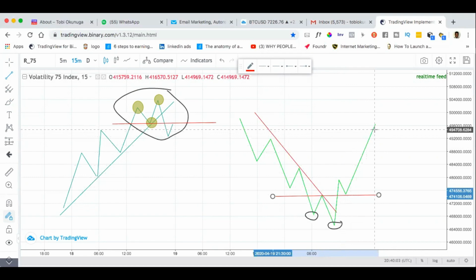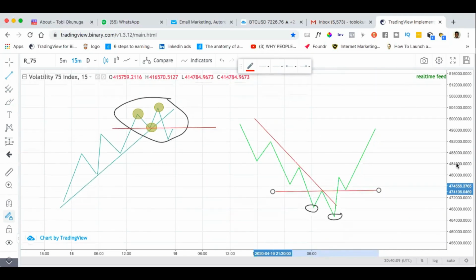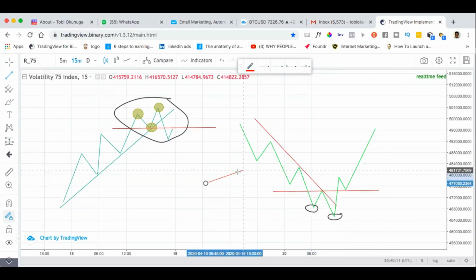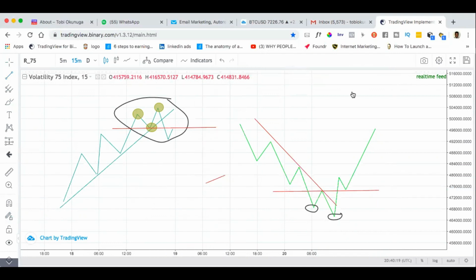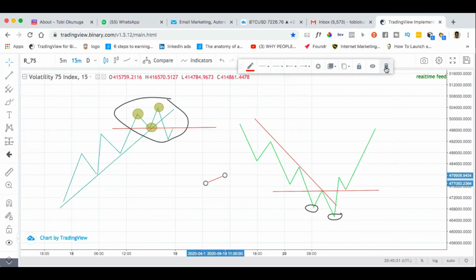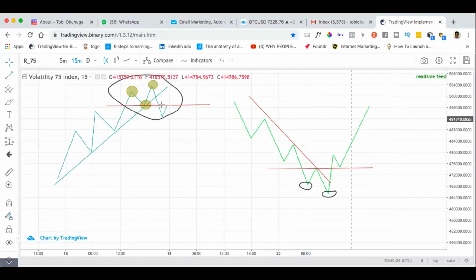So these two strategies, trading the M pattern and the W pattern, can help you make a lot of money trading volatility. You can be a profitable volatility trader, guys. No jokes. Let me just label this for emphasis sake.